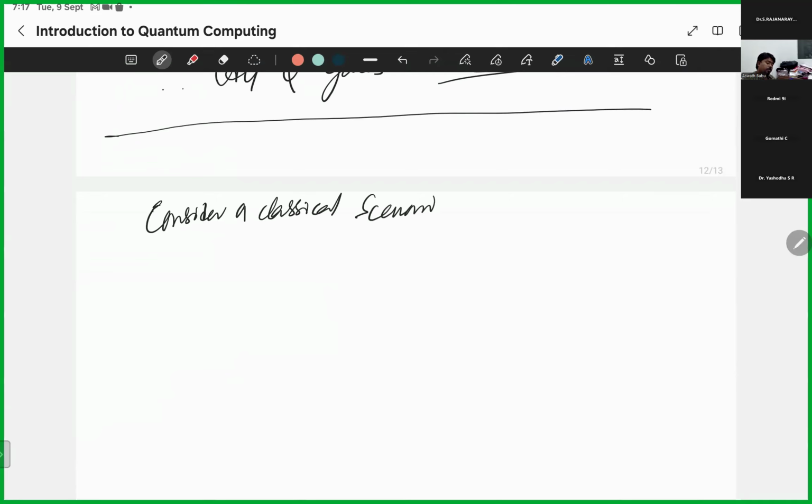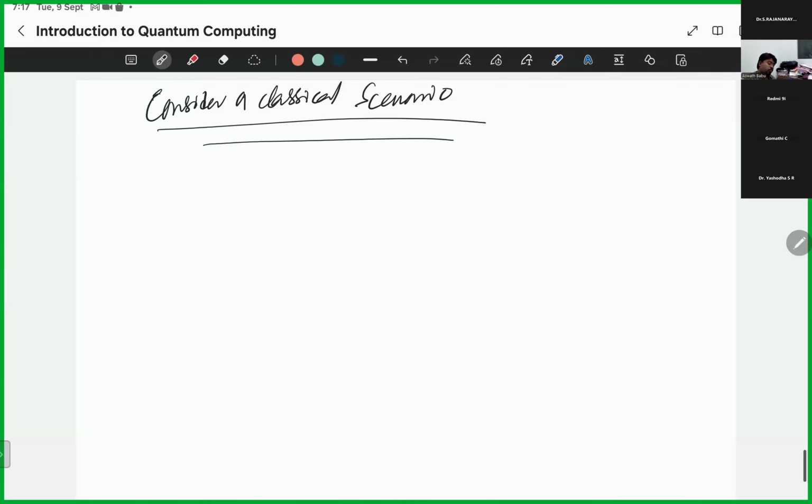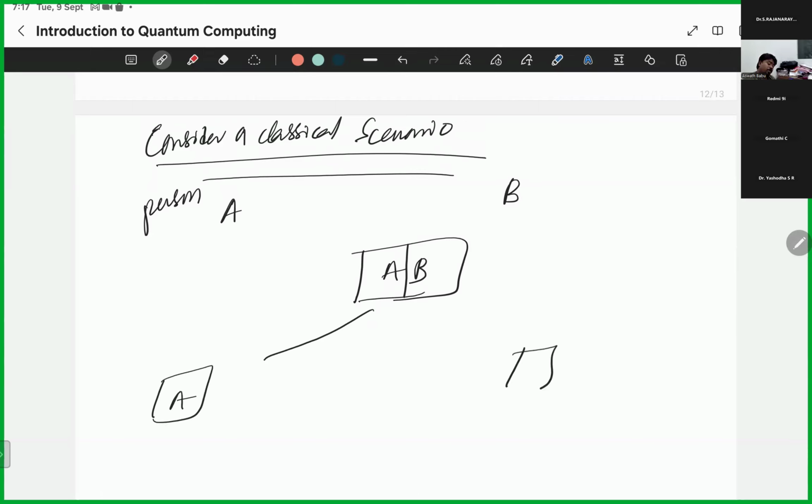Let's say there are two people, person A and person B. We put them together and make them interact with each other. After that, I separate them into two boxes without disturbing their nature, without fiddling with their thinking, and send A to one place, B to another place.